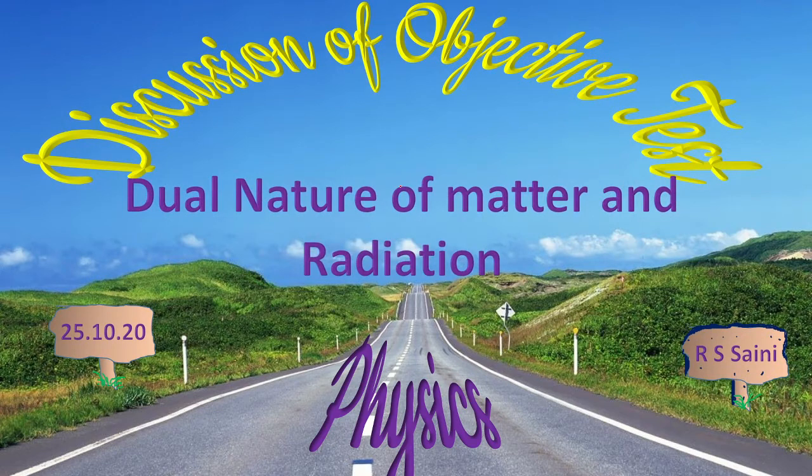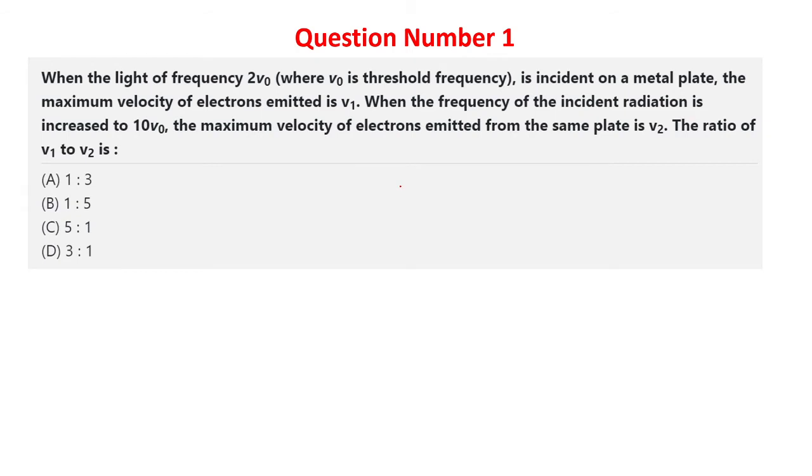In today's video we are about to discuss the test of 25 October 2020, dual nature of matter and radiations. First question: when light of frequency 2 nu naught, where nu naught is threshold frequency, falls on a metal plate, the speed of electrons emitted is V1.